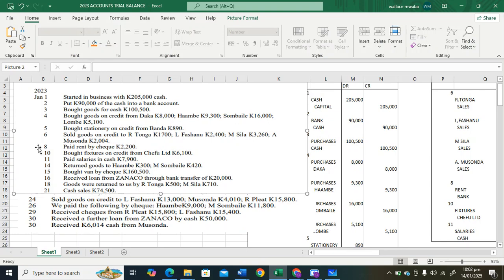All right. On the 10th, bought fixtures on credit from Chef Limited, 6,100. Okay, what's happening here, colleagues?